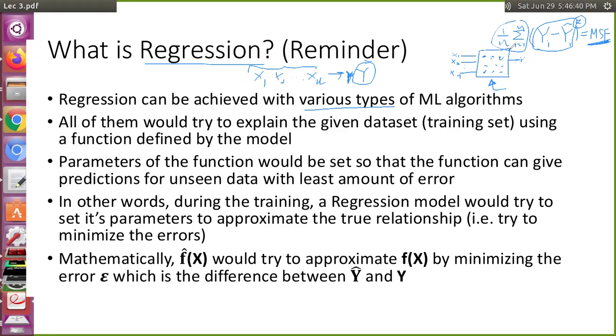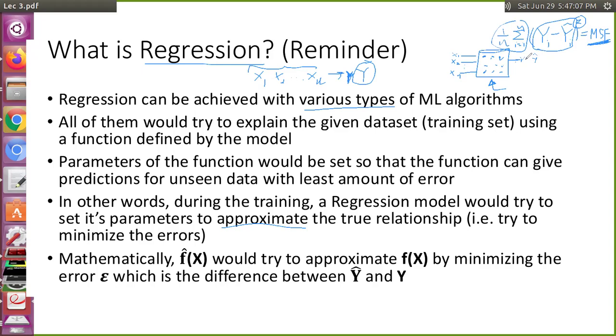So what the machine learning model tries to do is approximate the relationship between these x values and the y value in the model, right? Sorry, approximate the y values or the label values with the predicted values or the y hat values in the model, right? So these are the predicted values.